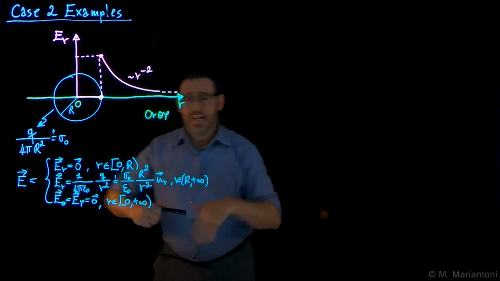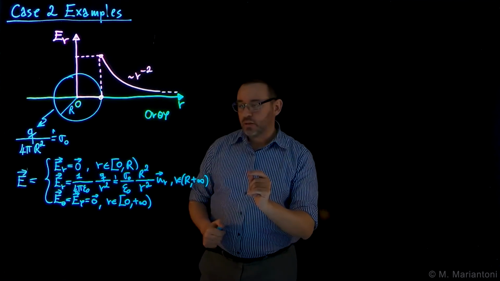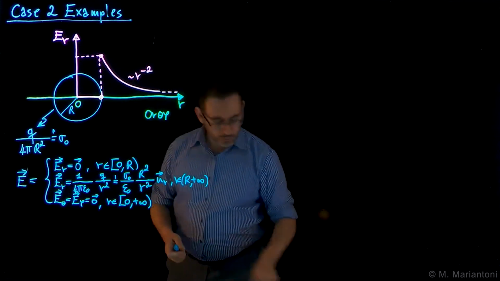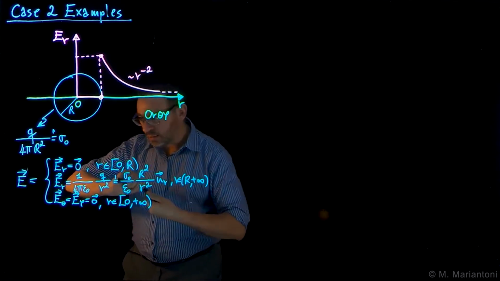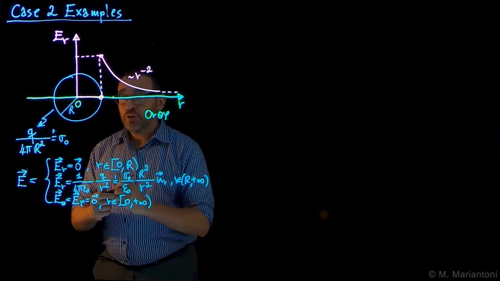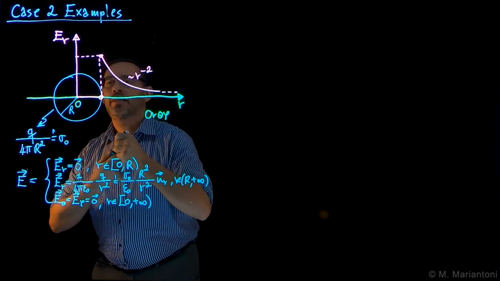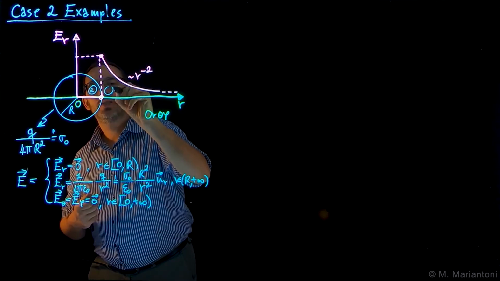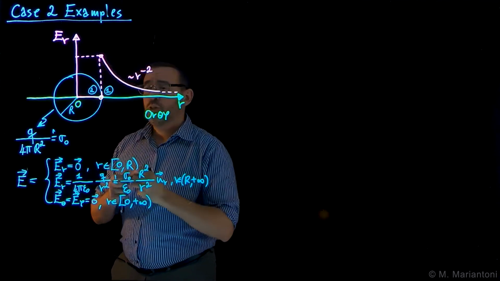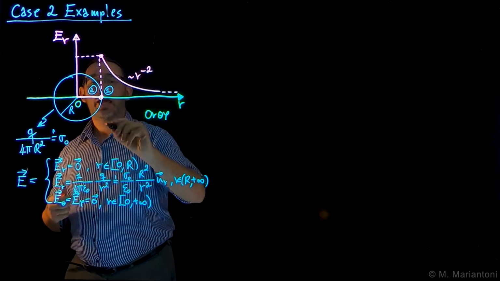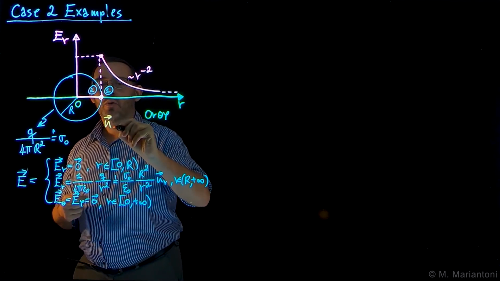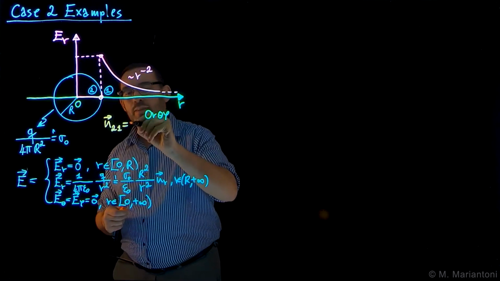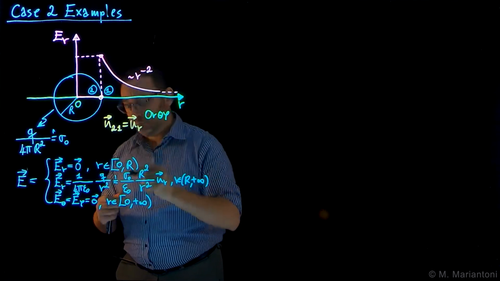So let us verify. In this case, let's begin with Gauss's theorem in local form, case 2. If we do that, we first of all need to identify our two regions. So let's say that the region inside the shell is region 2, outside is region 1, which means that n_21, from region 2 to region 1, is in this coordinate system nothing but u_r.